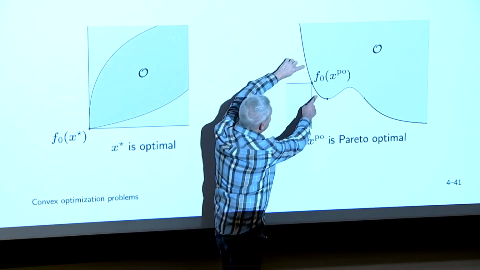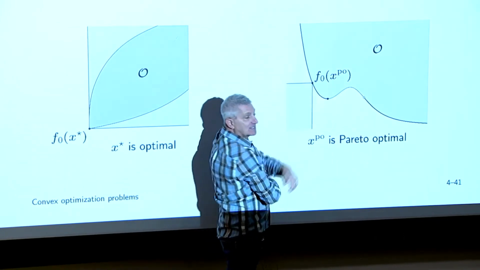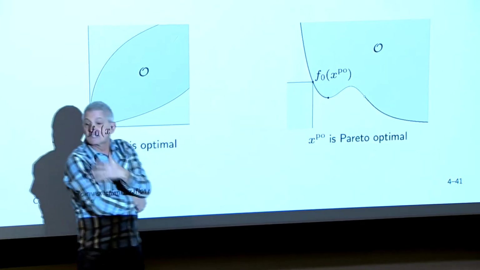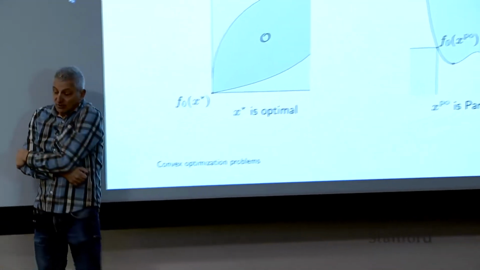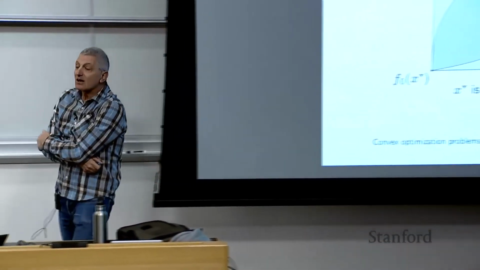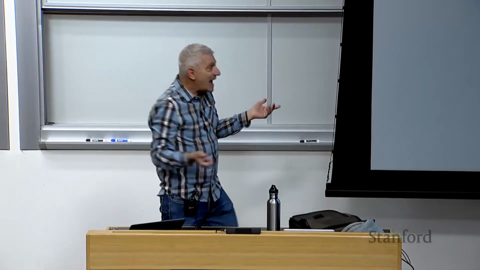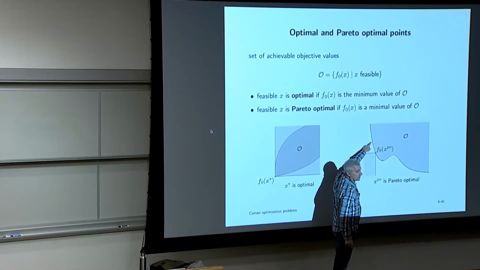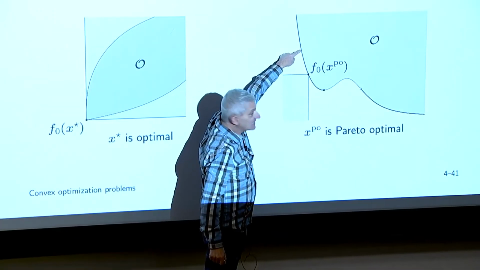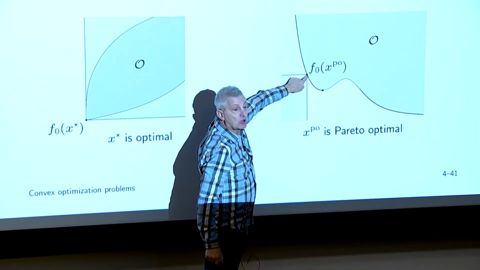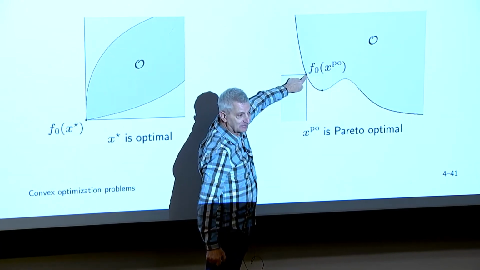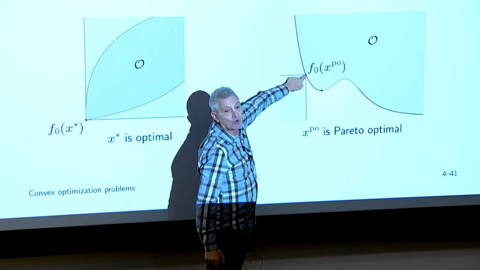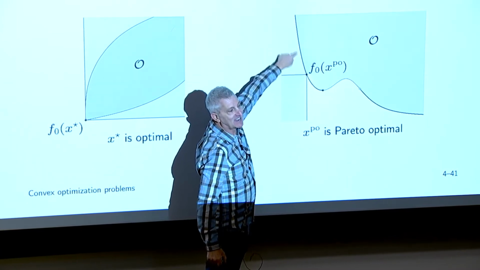If you were to choose these 2 points and say, let's compare, you would say neither's better than the other, because they're not comparable. If I compare this point and this point, this point up here beats this one in the first objective, but pays for it with the second because it's higher.